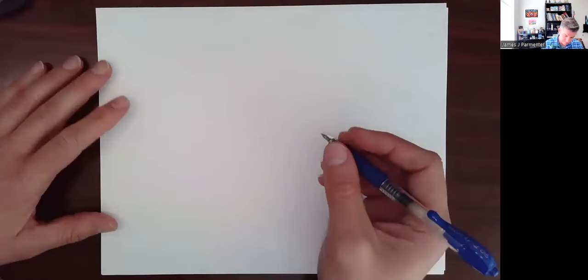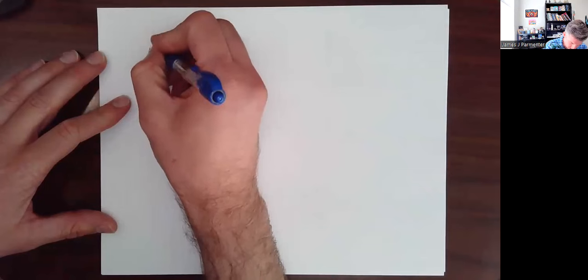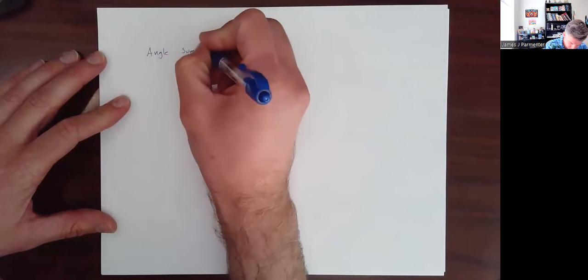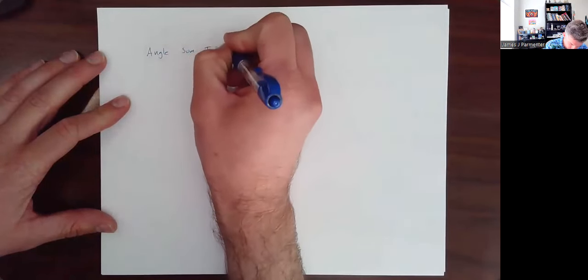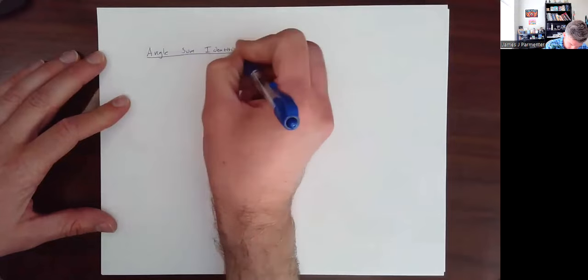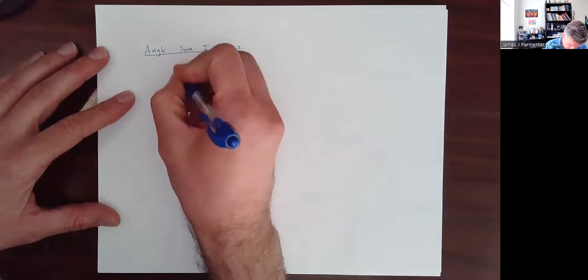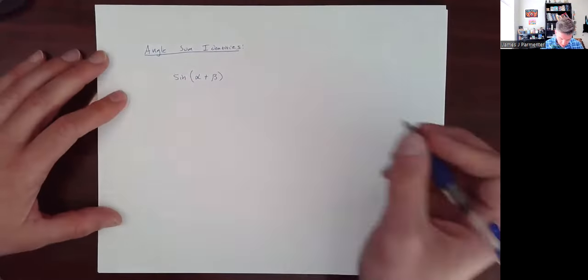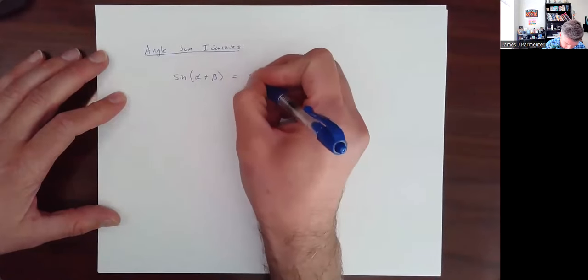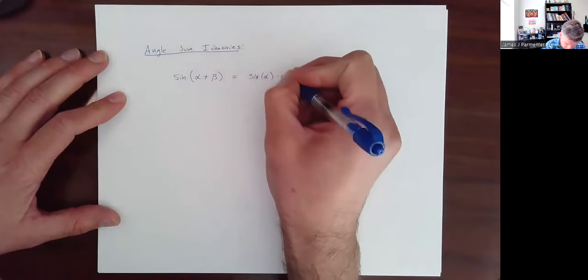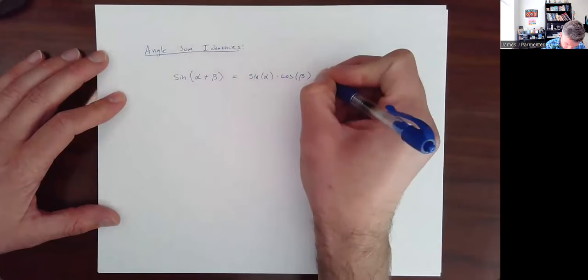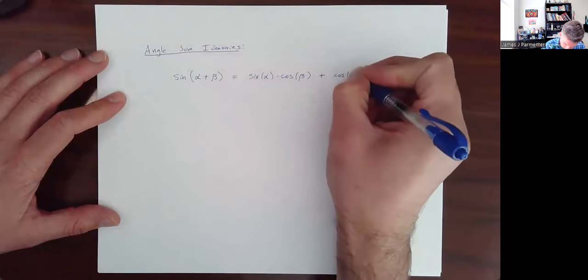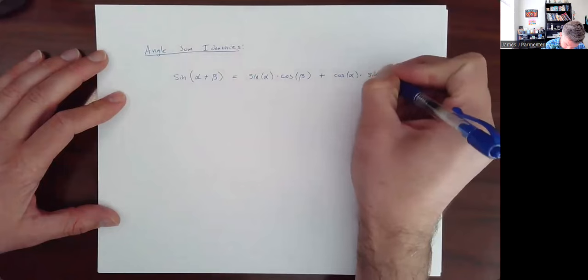So here are the angle sum identities. We will verify them with some examples. I'm just going to state them. The angle sum identity for sine is that sine of alpha plus beta is equal to sine of alpha times cosine of beta plus cosine of alpha times sine of beta.